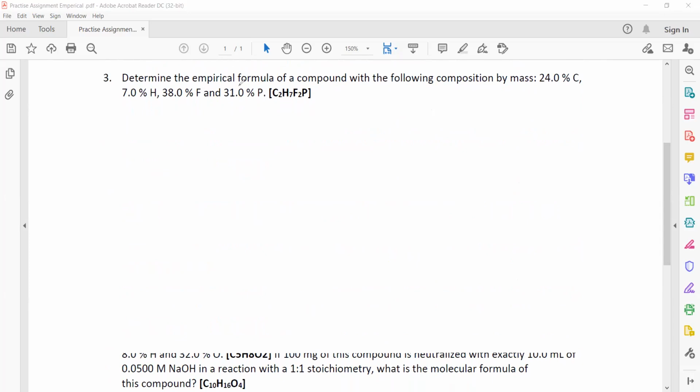In question 3, determine the empirical formula for a compound with a composition of 24% carbon, 7% hydrogen, 38% fluorine, and 31% phosphorus.